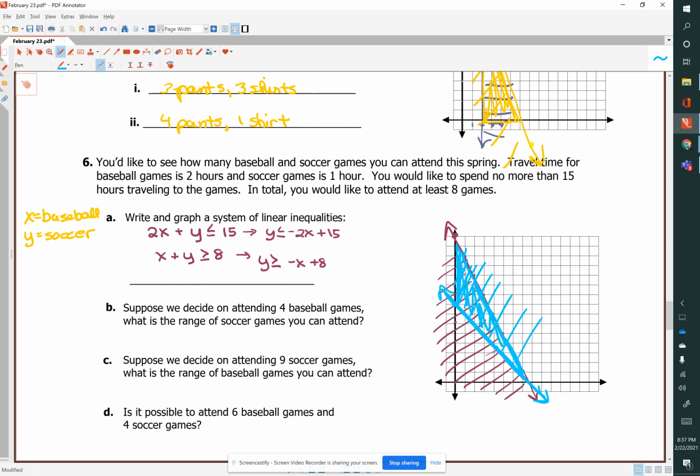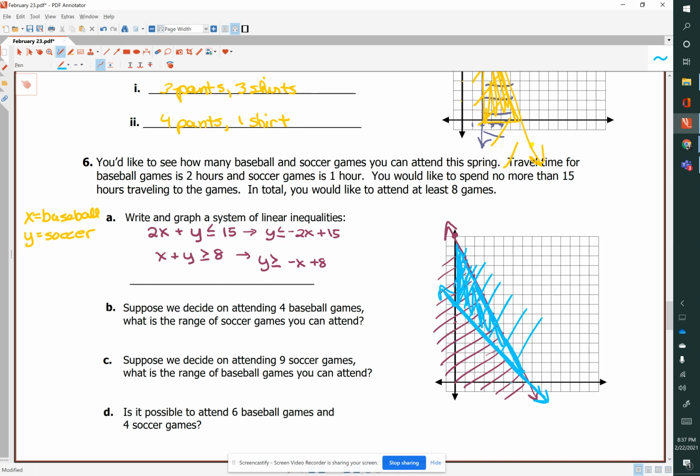So our solution area is right here, this triangular space. So we've got a couple of questions to answer. Suppose we decide on attending 4 baseball games. What is the range of soccer games that you can attend? I didn't graph this one on Desmos, so we can't look at it on Desmos. But we can see that soccer games are y.